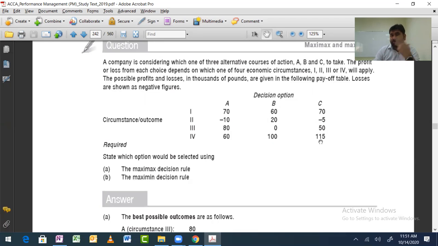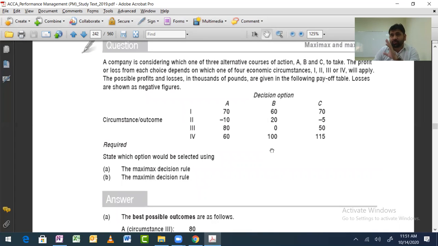And who will do this? Someone too optimistic. In this entire table, he will look at the highest number and do that project because he thinks he's very lucky. Now maximin. Here there are negatives, and for B the minimum is 0.